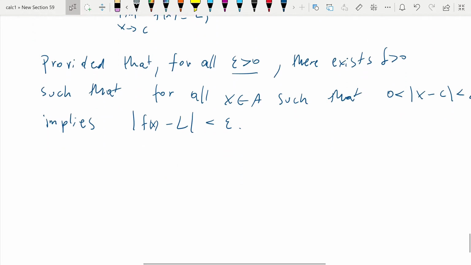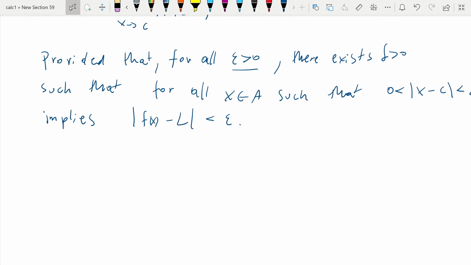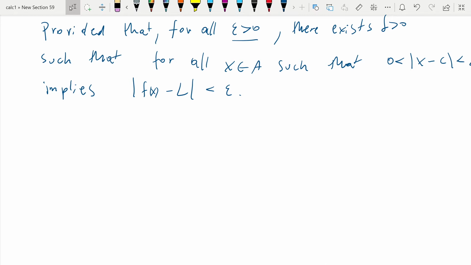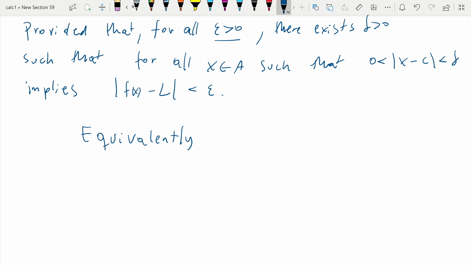Or in other words, we can phrase this in a more synthetic way. Equivalently, I mean, this is just a rewriting of the same thing, with different notation.